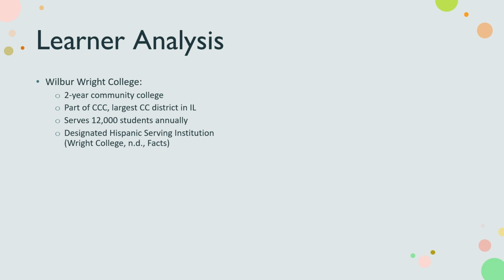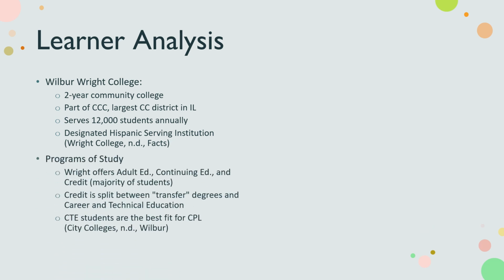Wright specifically serves about 12,000 students annually. We're a designated, recognized Hispanic serving institution. We recently were awarded the Seal of Excellencia, which only a few colleges and universities across the country have been awarded.